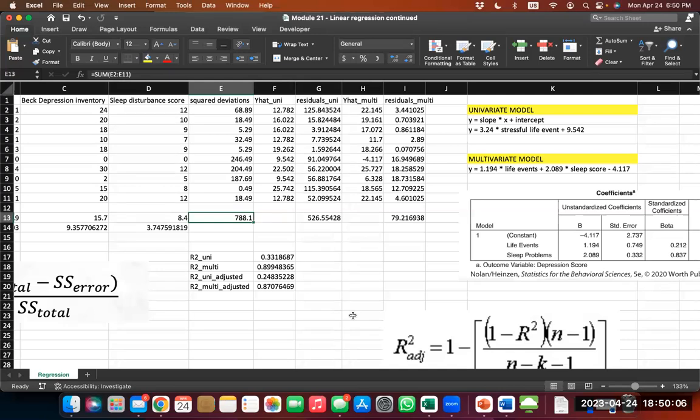If you have a lot of variables, you want to focus on the adjusted R squared rather than the unadjusted R squared, because it penalizes for the sample size and the number of variables included in your model. Particularly if you have multidimensional data, a lot of variables, little sample size, then you really want to use the adjusted R squared.